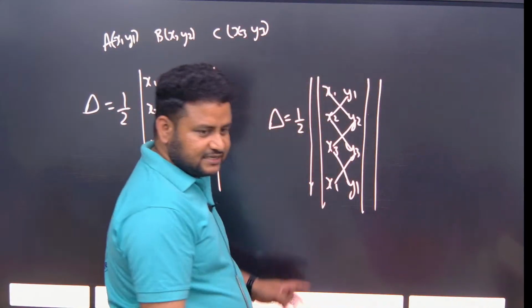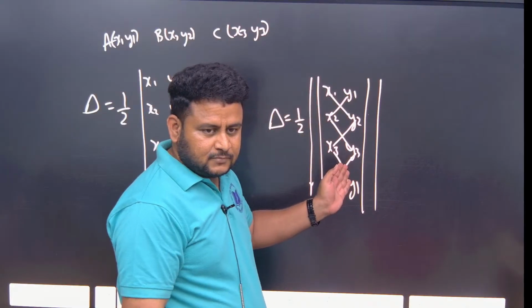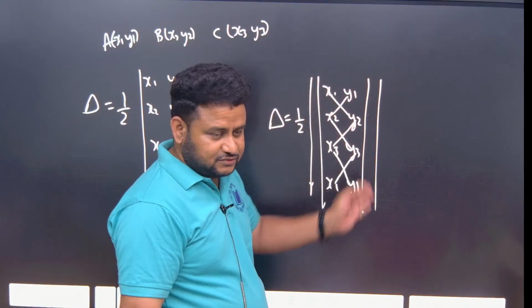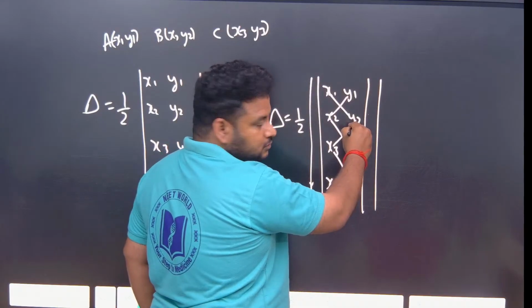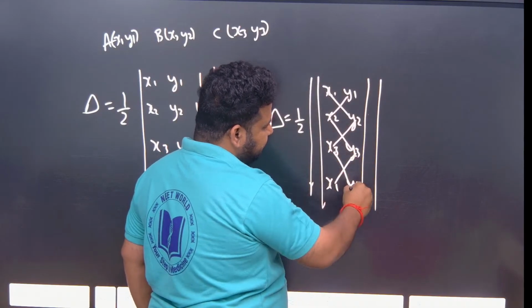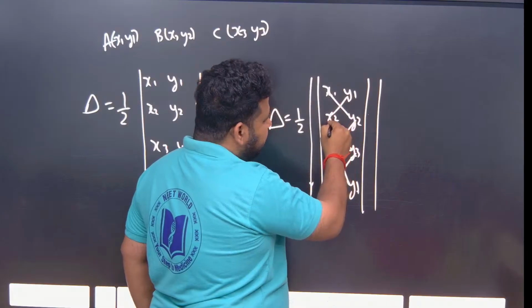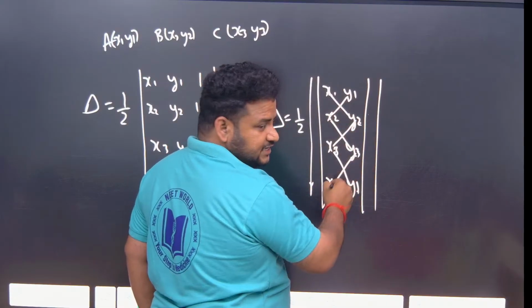See, observe everyone, first this diagonal: x1 y2 plus x2 y3 plus x3 y1, minus y1 x2, y2 x3, y3 x1. This is the way it should come.